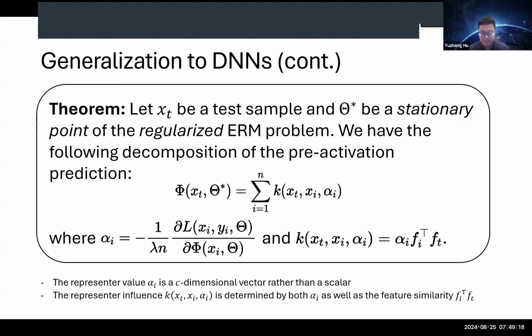But in practice, when we are using this representative point selection to select some influential data points, the paper is mostly only using this alpha_i for selection. So basically they ignore this fi transpose ft when doing the selection, and only use this representative value, because they think that this representative value is intrinsic to each sample and really characterizes how each sample affects the final pre-activation prediction.